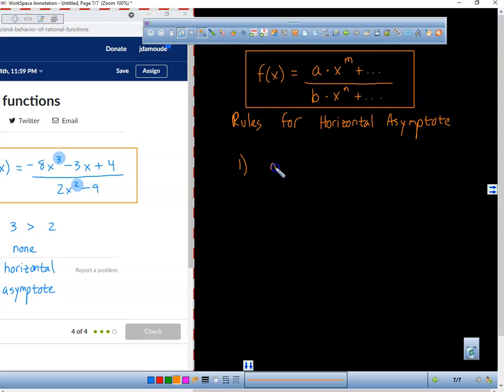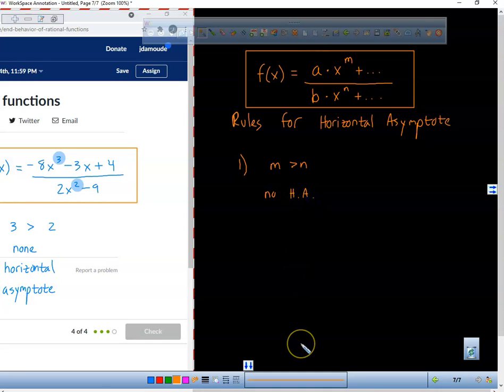And the number one thing I said was if m is greater than n, which is our case, because 3 is greater than 2, then there are no HAs, no horizontal asymptotes. Now there will be a slant asymptote because it's 1 degree higher, but we'll go over the rules for slant asymptotes, also known as oblique asymptotes, later. Right now I just need to know there's no horizontal asymptote.